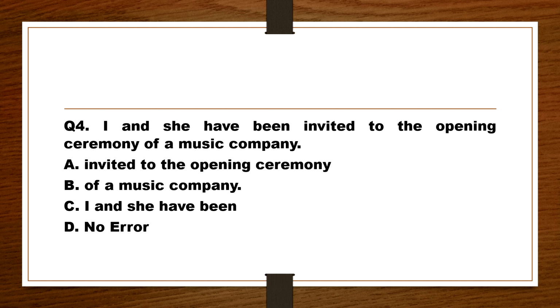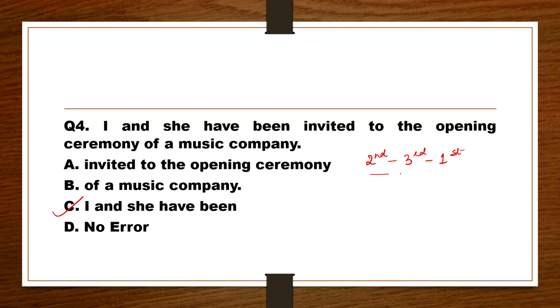So, let us tally. I and she have been invited to the opening ceremony of a music company. So, the error is in option C. Now, as we already discussed this rule a while ago, what is the rule? Let me repeat it. When two or three different pronouns are used together in the same sentence and they have a positive thought, they should be arranged in the following sequence: second person, then third person, then first person.